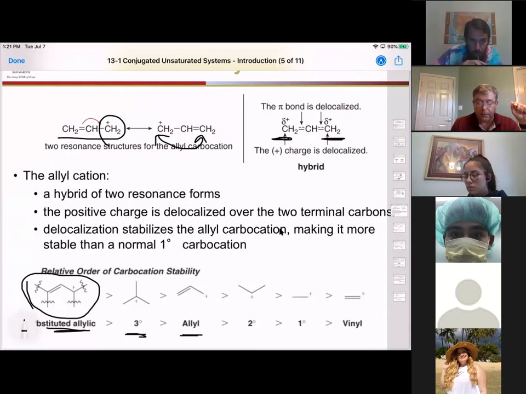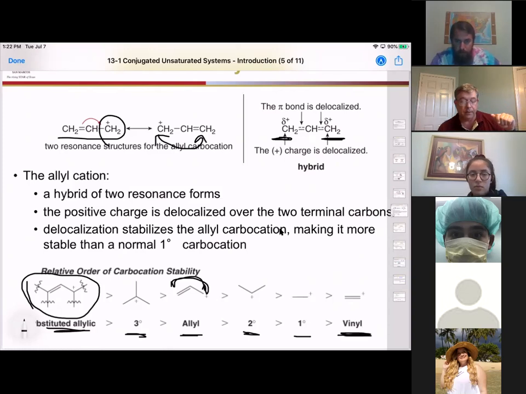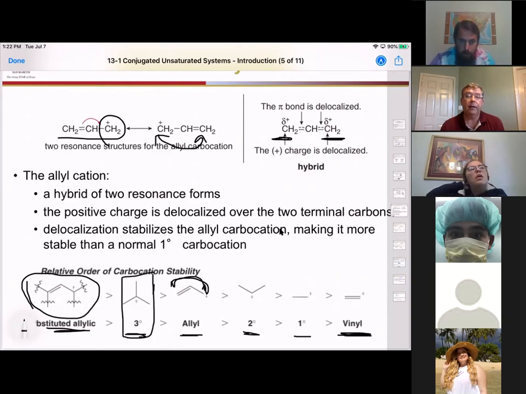Now, our allylic carbocation, because we're going to have a partially positive charge flipping between two primary carbons, that's a little more stable than our secondary, tertiary, and our lowest stability carbocation is our vinyl. So, before we learned that our tertiary carbocation is our most stable carbocation, now because of conjugation, we actually have a more stable carbocation, the allylic cation. Okay, and it has everything to do with sharing that charge through these hybrid resonance structures.